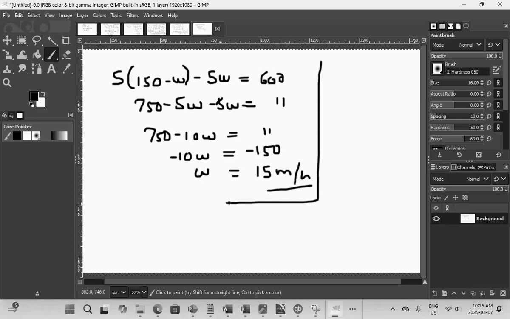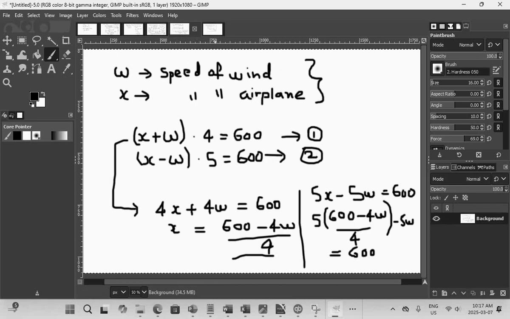Now you have the speed of the wind. You can sub it into either one of these equations to find the speed of the airplane. Equation number 1: 4X plus 4W equals 600.